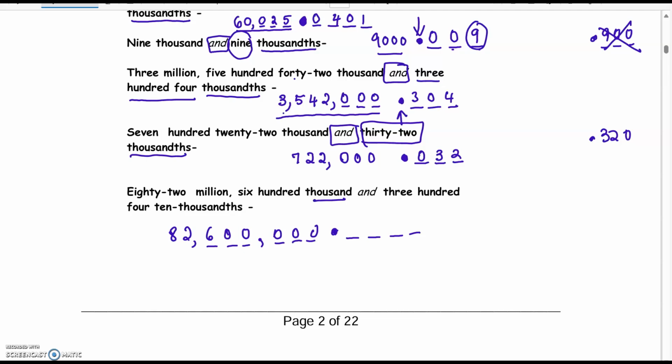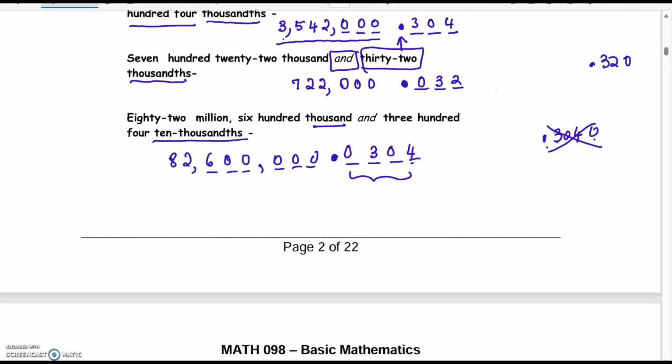So just be careful. Just figure out how many decimal place values first. 304 is what it has to read. So the ending has to be 304. Put a 0 after the decimal point and it'll read 304 ten thousandths. Do not put 3040 because that would read 3040 ten thousandths, and that's not what we need.